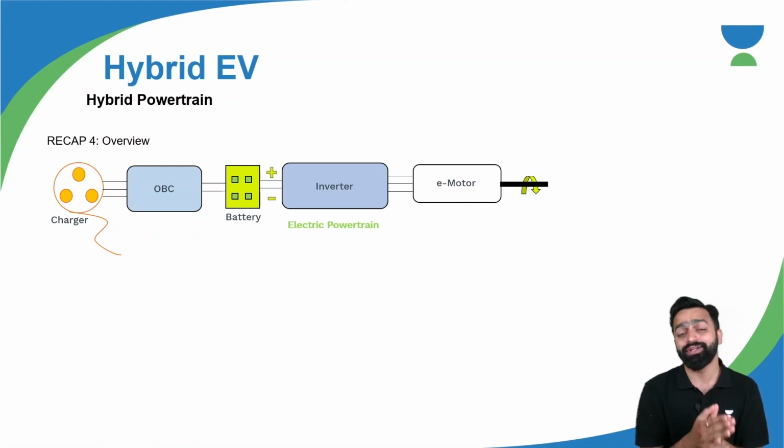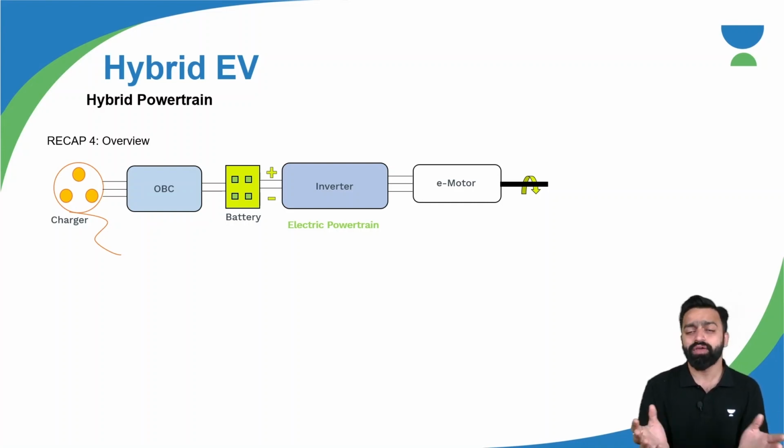We have also understood different types of electric motor, be it the AC induction motor, or the DC motor, which is the DC series and DC shunt motor. Also we have understood specific motors such as the BLDC motor, the PMSM motor, and the switched reluctance motor.